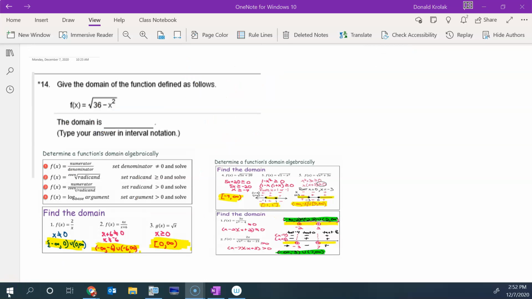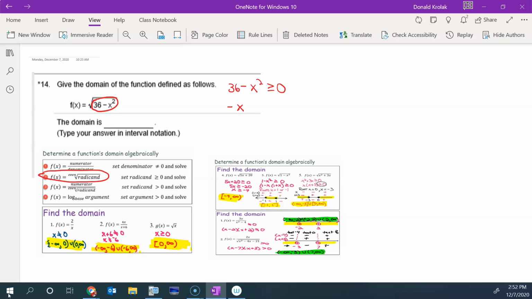All right, give the domain of the function below. So what I have is an expression underneath a radical. So if I look down here, that's like this case right here. What I do is I take that expression and I'm going to solve for when it has to be greater than or equal to 0. All right, now we just did this on the last test.